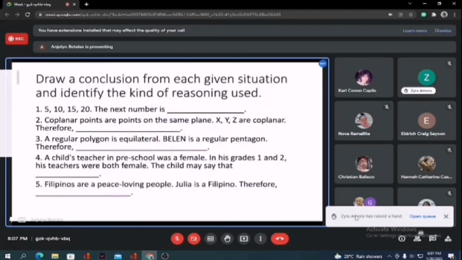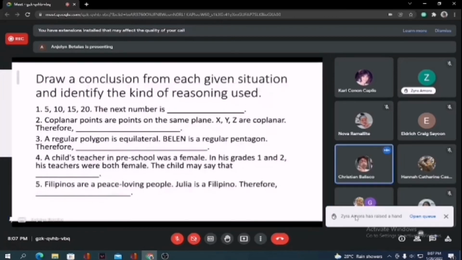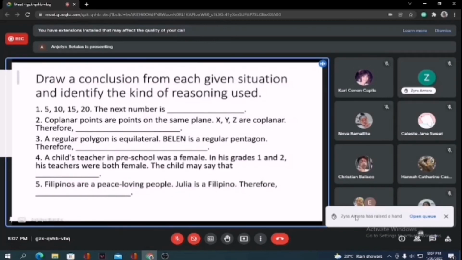5, 10, 15, 20. Inductive, ma'am. Okay, may mga cases ba? Mga pattern bitaw? Pattern ba itong kuan? Inductive. 5, 10, 15. Nag-add siya 5, di ba? 5 plus 5, 10. 10 plus 5, 15. 15 plus 5, 20.